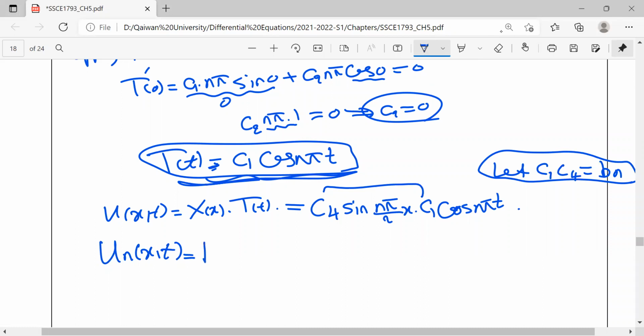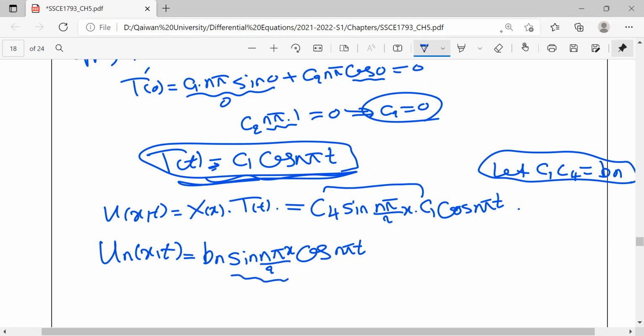And here we get b_n sine n pi x over 2 times cosine n pi t.